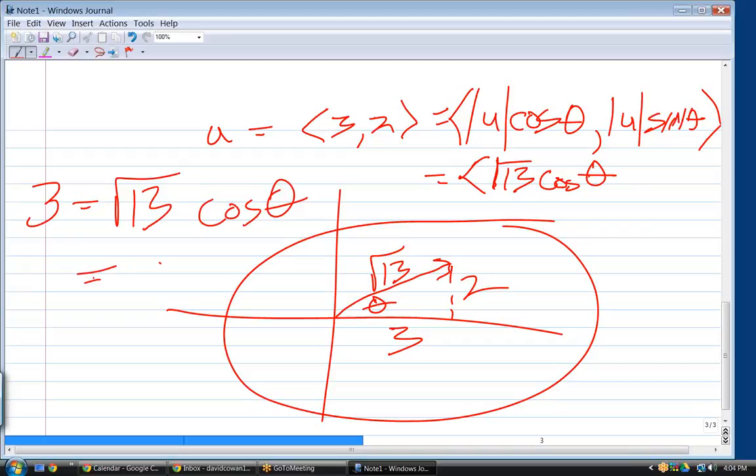Do the algebra, and theta ends up being the inverse cosine of 3 divided by root 13, and that is 33.69 degrees. Do you have your calculator?